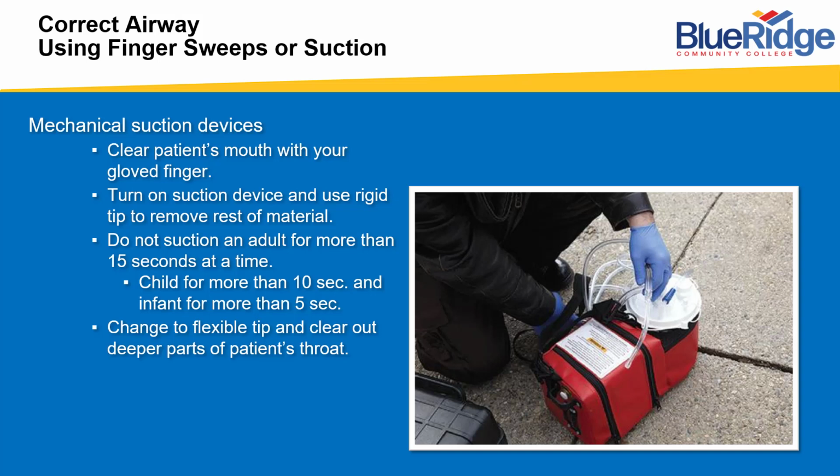Do not suction an adult for more than 15 seconds at a time, or a child for 10 seconds, or an infant for as short as 5 seconds. Because the suction also draws air out of the patient's airway, this can also stimulate what's called the vasovagal response and slow the patient's heart rate down.